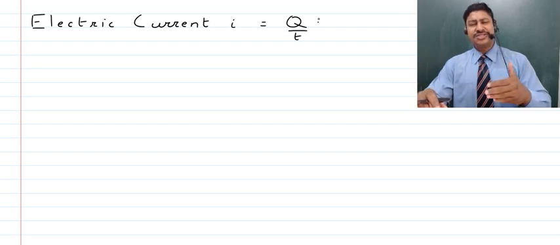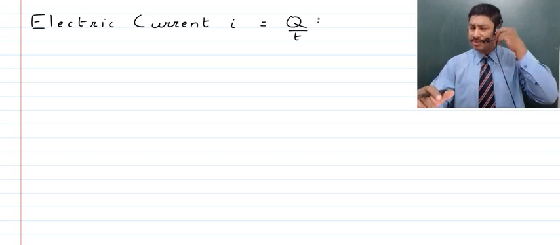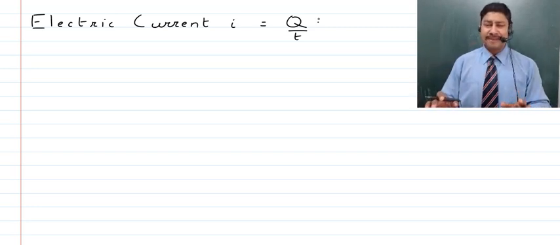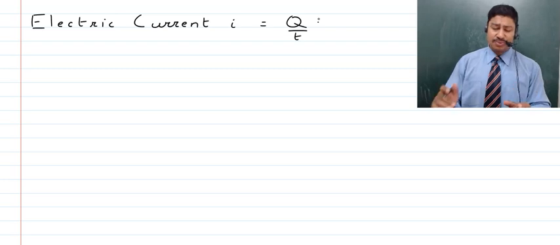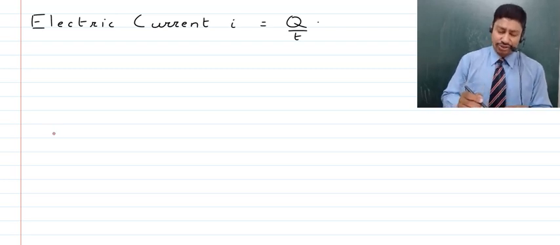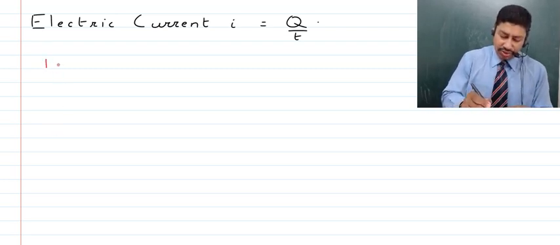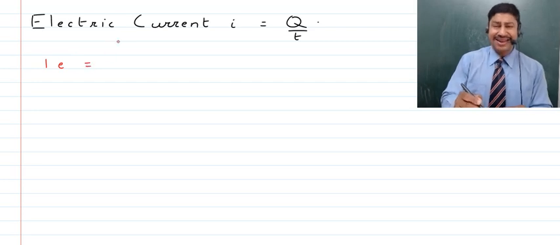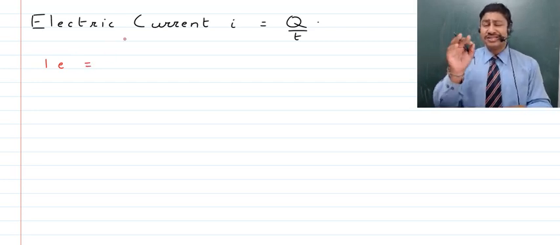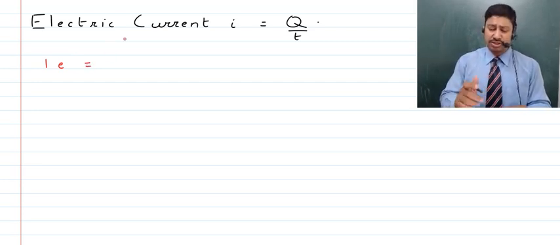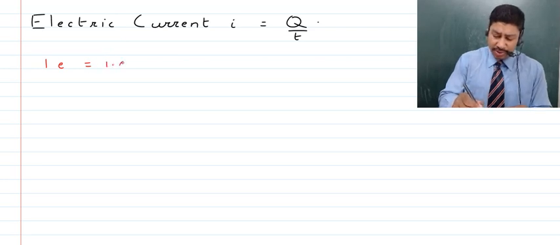Now this charge can be small, this charge can be large. Now here children, we try and define what can be the smallest amount of charge, right? That is actually the charge which is had by an electron. One electron has the fundamental amount of charge, that is the smallest amount of charge which is possible, which is 1.6 into 10 raised to the power minus 19 coulombs, right?